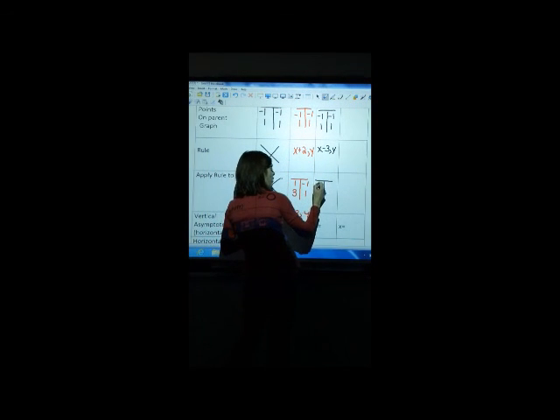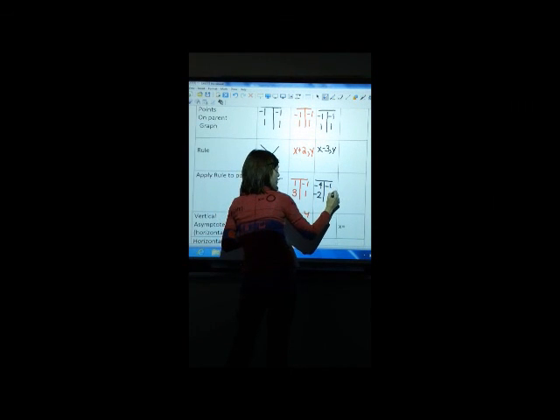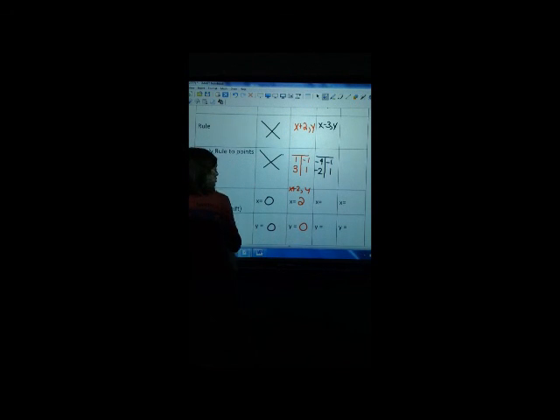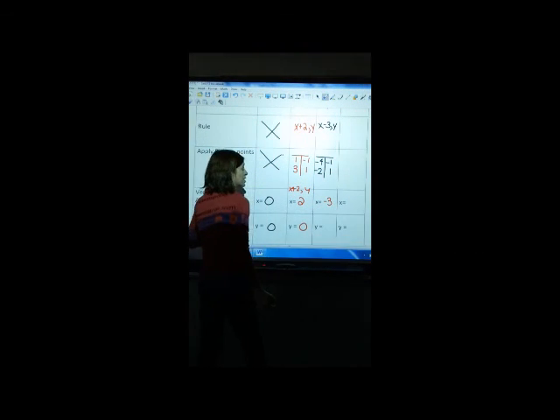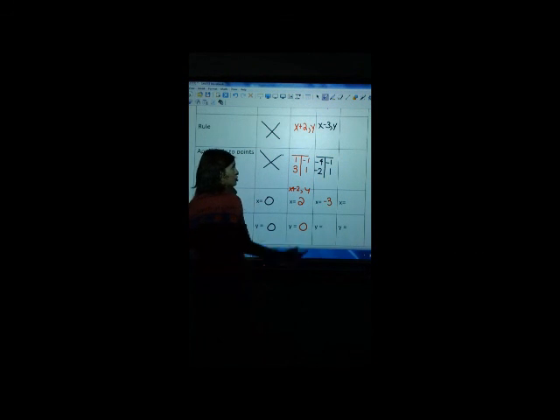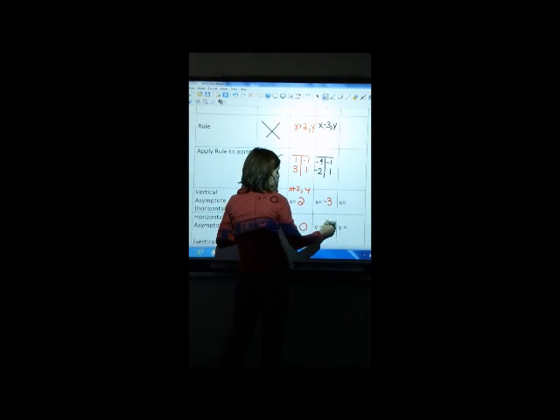Negative 1 minus 3 gives me negative 4. 1 minus 3 gives me negative 2. My y's don't change. I apply my rule to my asymptotes. From x equals 0, I subtract 3, so now my asymptote is at x equals negative 3. The y doesn't change, so y equals 0.